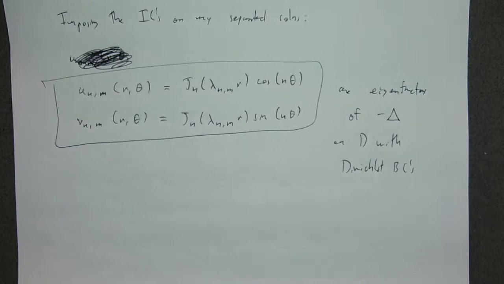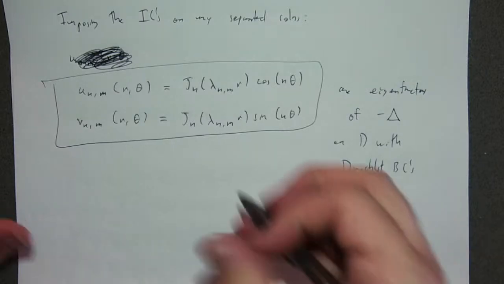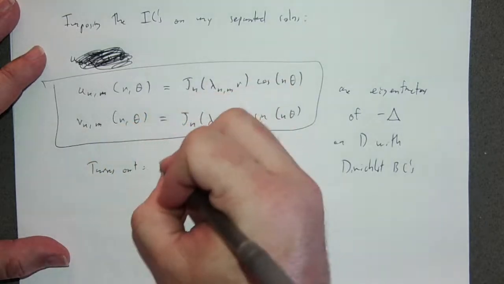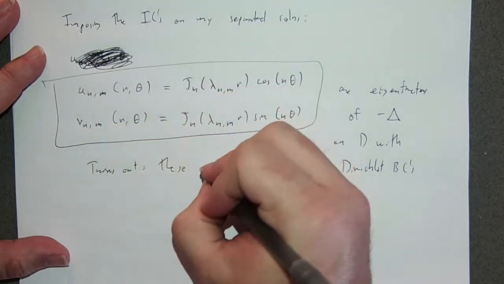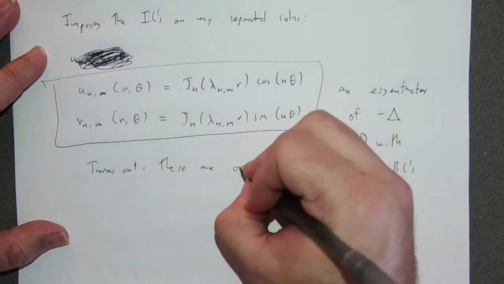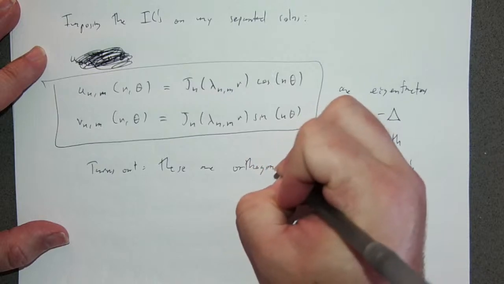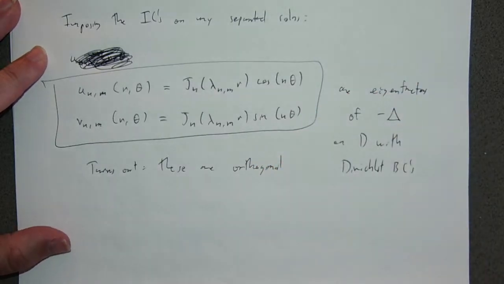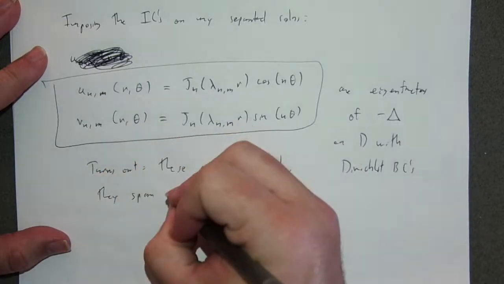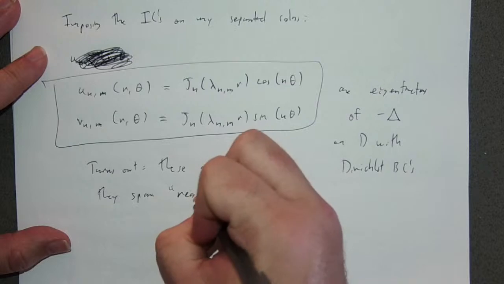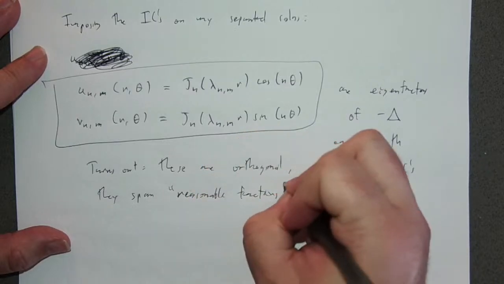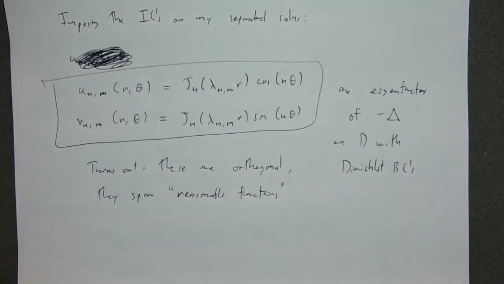Okay. Turns out these are orthogonal in some sense. They span reasonable functions. Okay.